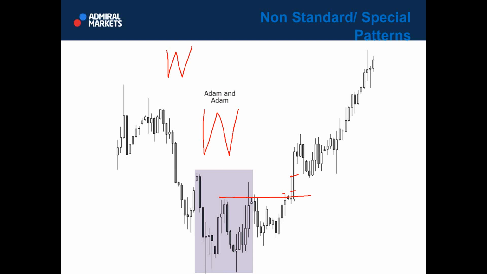W can have it, but sometimes it doesn't. But Adam has a double bottom. And you still are trading at the break of point 2, because that's how it's traded. From the breakout of this point 2. So this is point 1, this is point 2, this is point 3. You trade it after this.